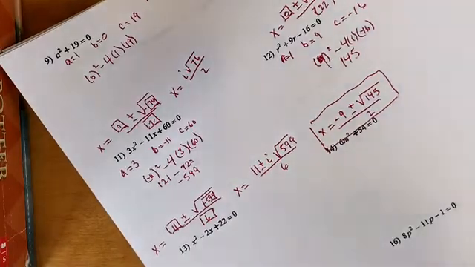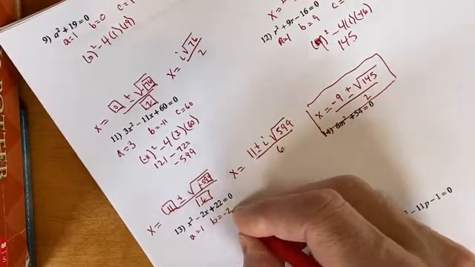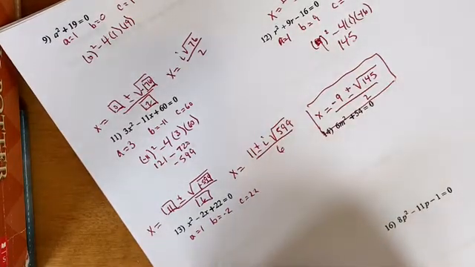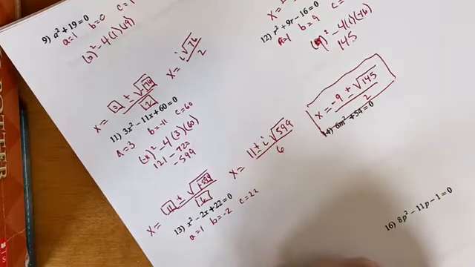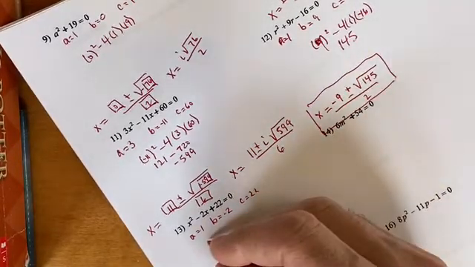Number 13. A is 1, B is negative 2, C is 22. So x equals negative b plus or minus all over. We'll fill that stuff in.